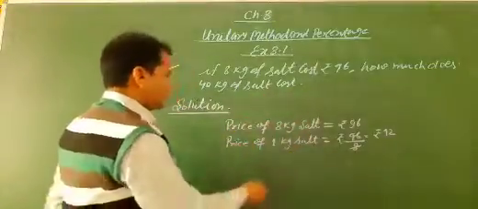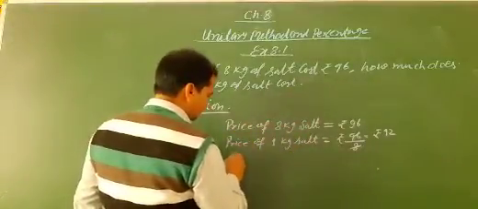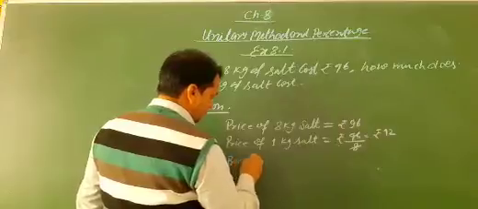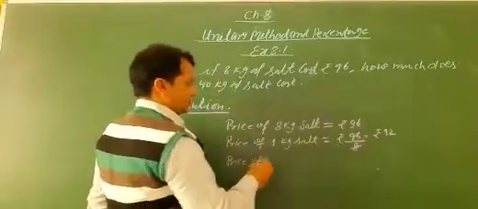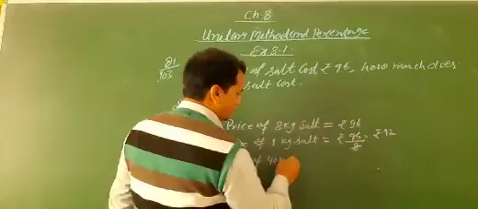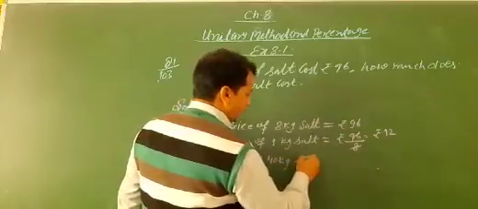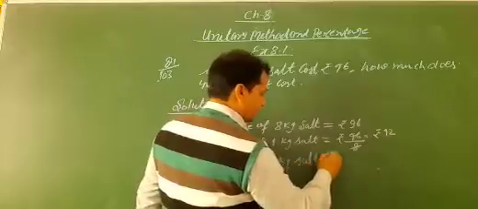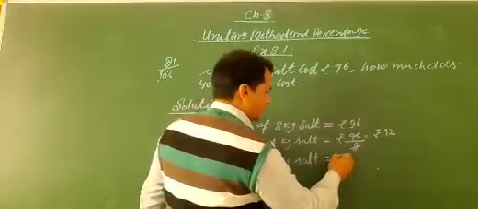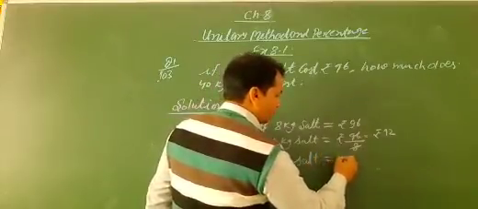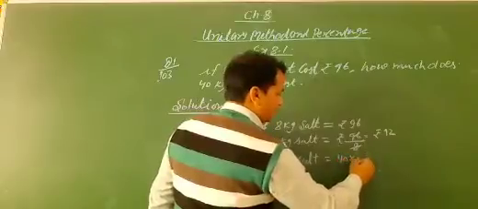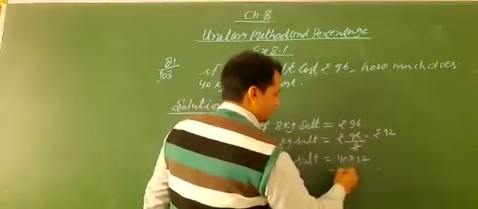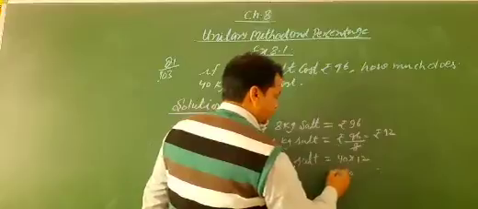Okay. Now, how much does 40 kg of salt cost? The price of 40 kg salt is 40 into 12, that is 480 rupees.